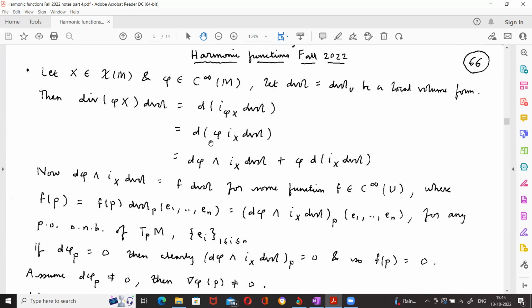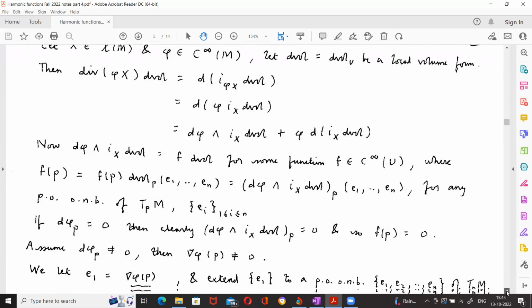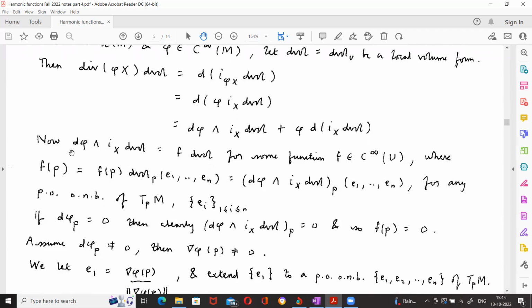And now by the Leibniz rule for the exterior derivative d, this will be d phi wedge I_X dvol plus phi d of I_X dvol, right? Okay.